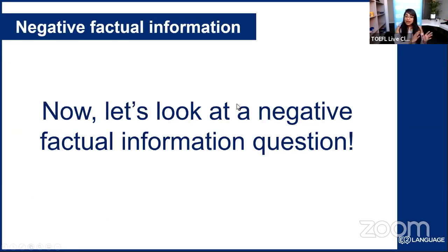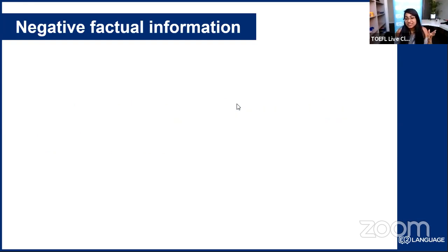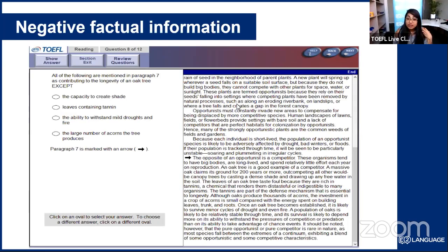Okay, so we have factual information questions, which we just saw, and then we have negative factual information questions. I know it's a really long name for a question type, but it's pretty similar to the factual information question. So basically, you just look for facts or you look for contradiction. So let's see what they look like.